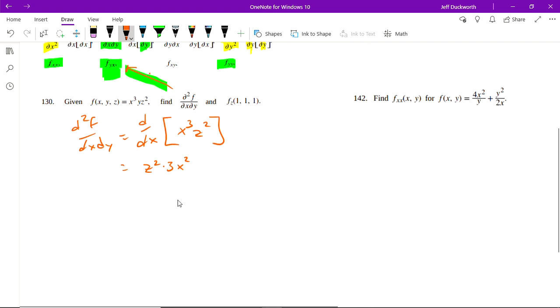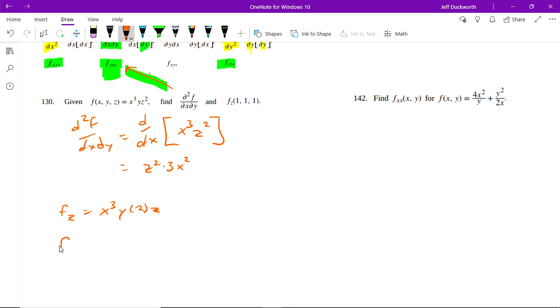The f of z evaluated at 1, 1, 1. So here we're going to evaluate our derivative with just respect to z. So f at z, the x cubed and the y are all constants, and the derivative of z squared is then 2z.